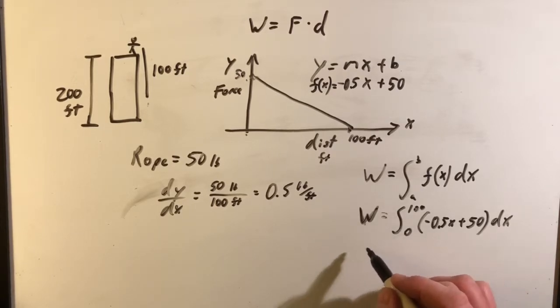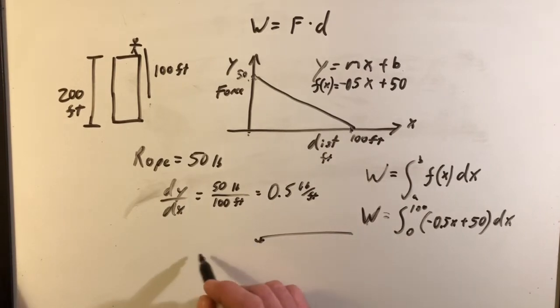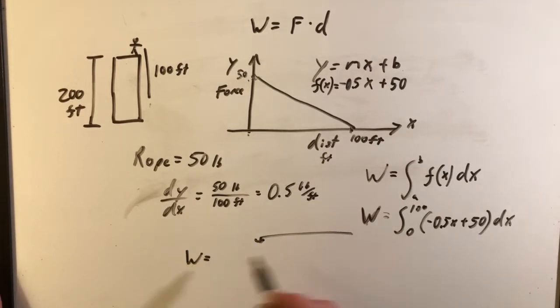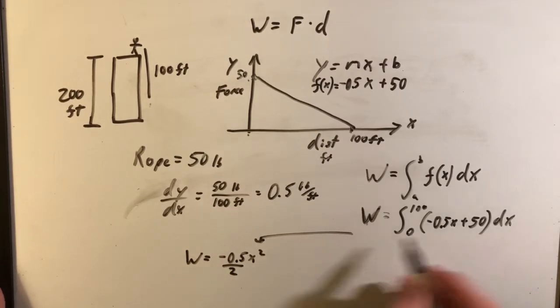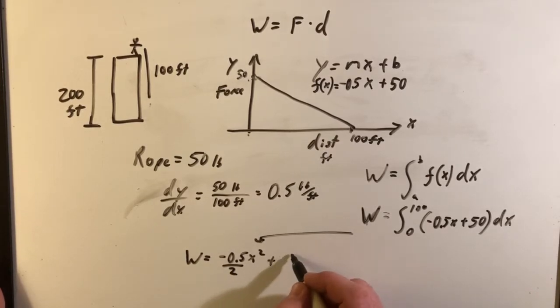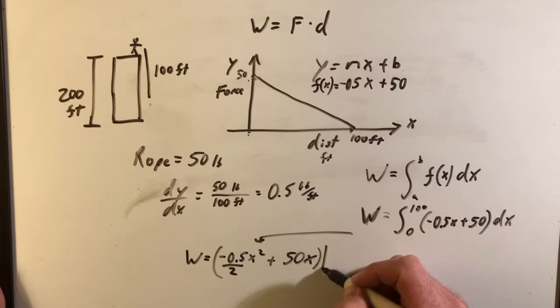Work equals, I'm just going to do this integral, negative 0.5 x squared divided by 2, plus 50x, and that has to be evaluated over the range 0 to 100.